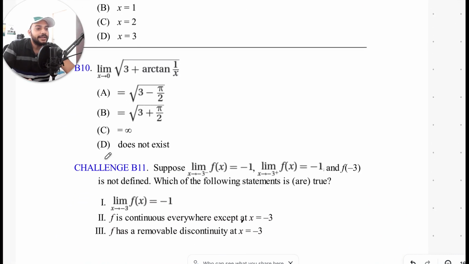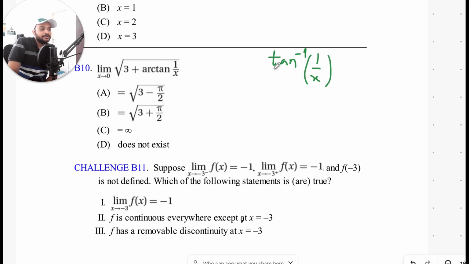B10, limit of x tending to 0, square root of 3 plus tan inverse 1 over x. Okay. Let's see this. Tan inverse 1 over x, and x tends to 0. So tan inverse infinity. Where is the tan inverse going to be infinity?